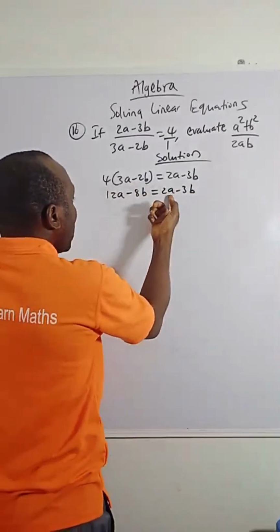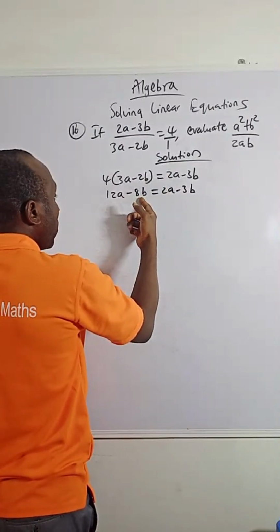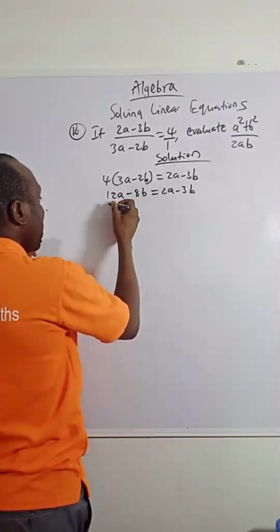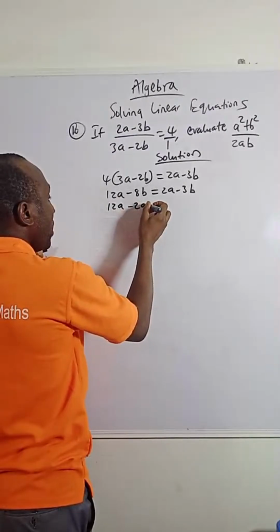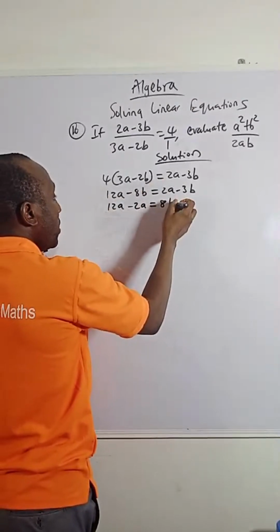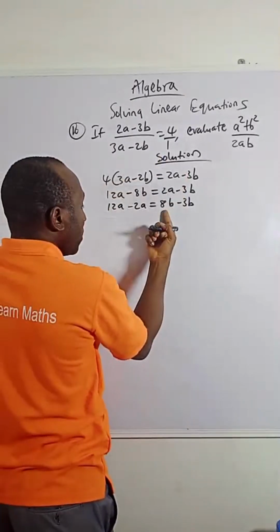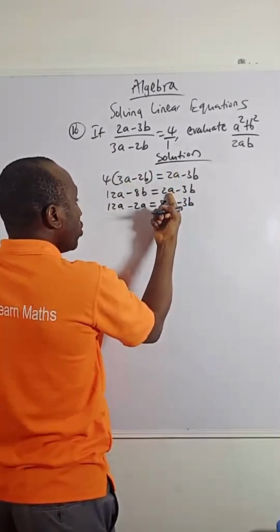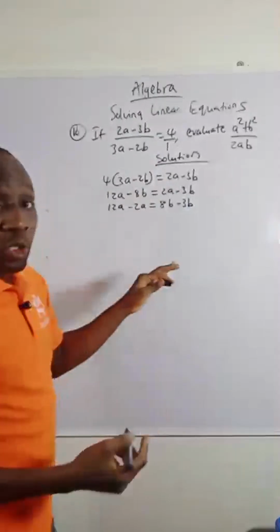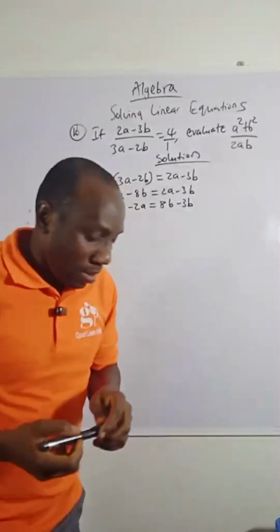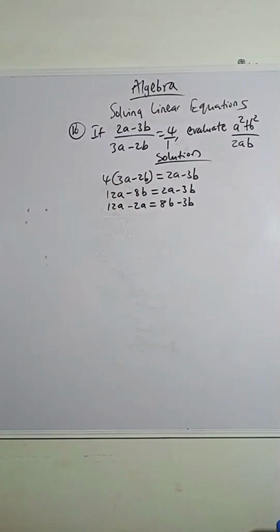So let's move 2a over and move minus 3b over. So you have 12a minus 2a is equal to 8b minus 3b. Notice minus 8b is now 8b because I moved it over, and 2a is now minus 2a because I also moved it over. I hope that makes sense. I hope you can even hear me. Oh, yes, you can.